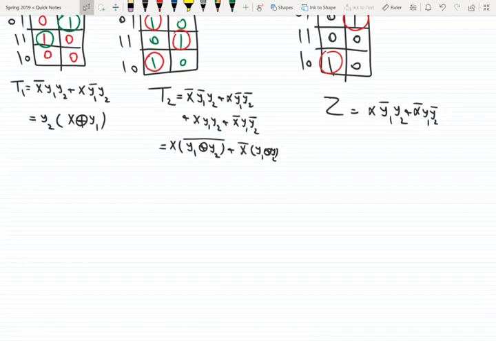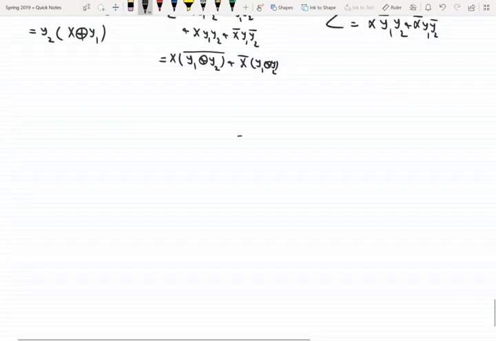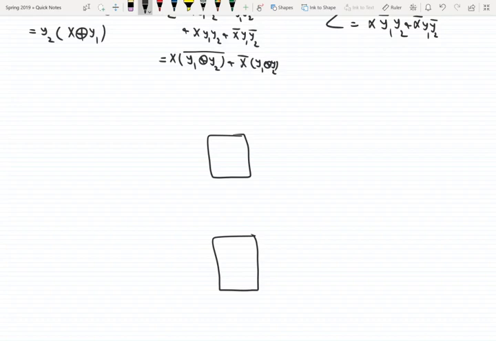If we implement the circuit, we need to have two T flip-flops, T1, T2, Q, Q bar, Y1, Y1 bar, Y2, Y2 bar.